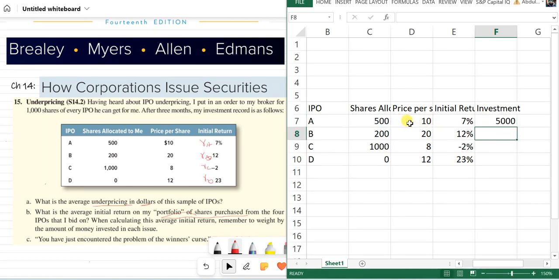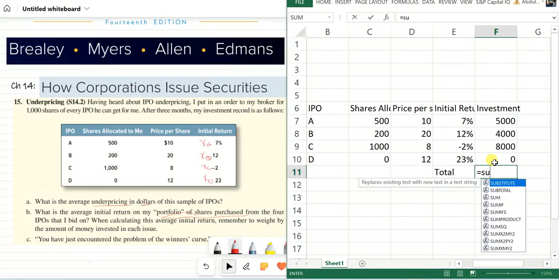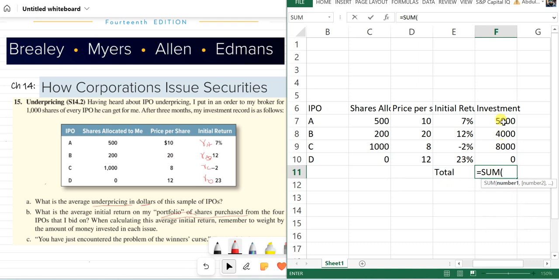If we multiply it, we have invested a total of 5,000. In the second IPO B, we put in 4,000, and in the third IPO C, we invested 8,000. In IPO D, we didn't get any shares, so we didn't invest anything. Then we total it, using the sum function, adding up all of these.